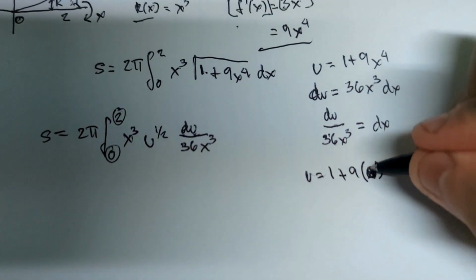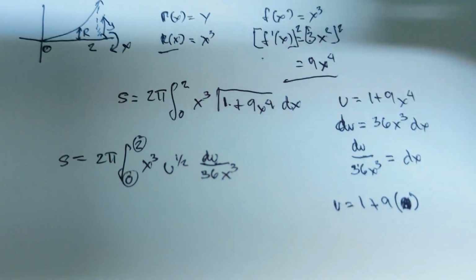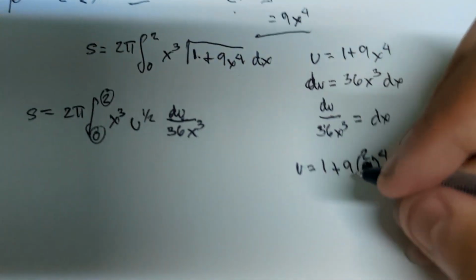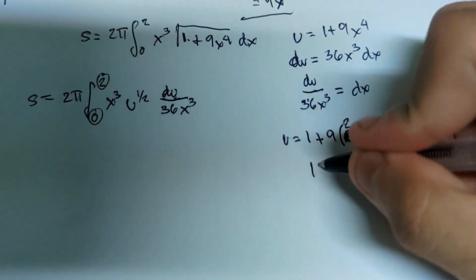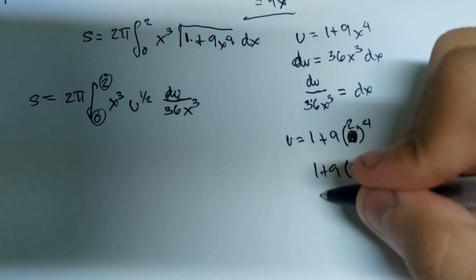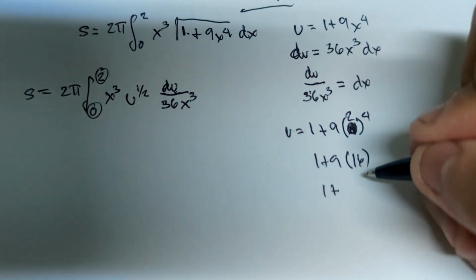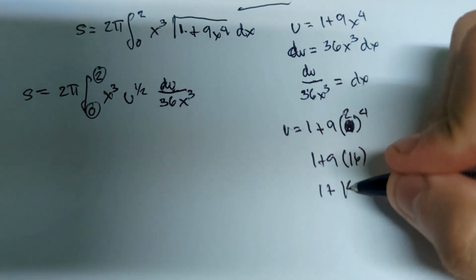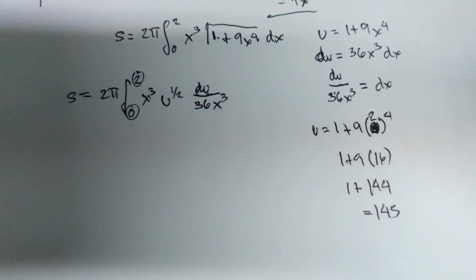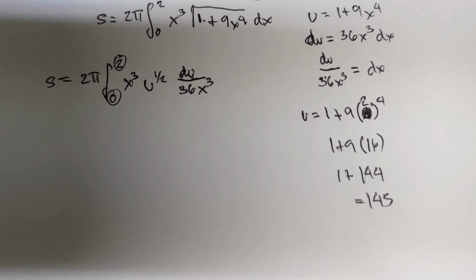Wait, we'll be using the higher limit, which will be 2 raised to 4. So this will be just 1 plus 9 multiplied by 16. 1 plus 9 times 16, 9 times 16 is 144. So this will just become 145.